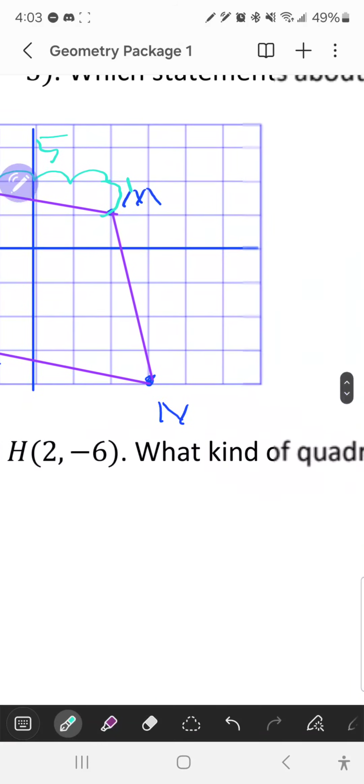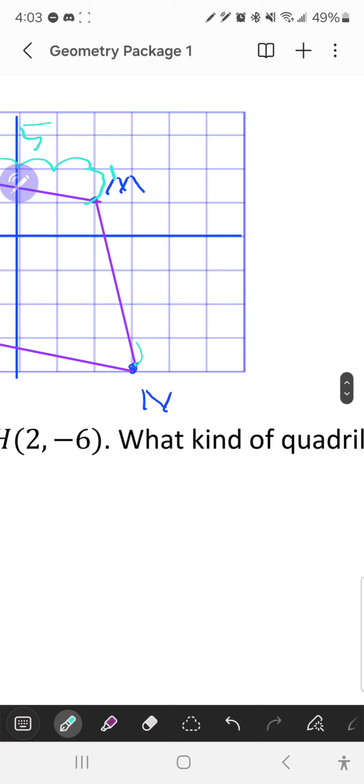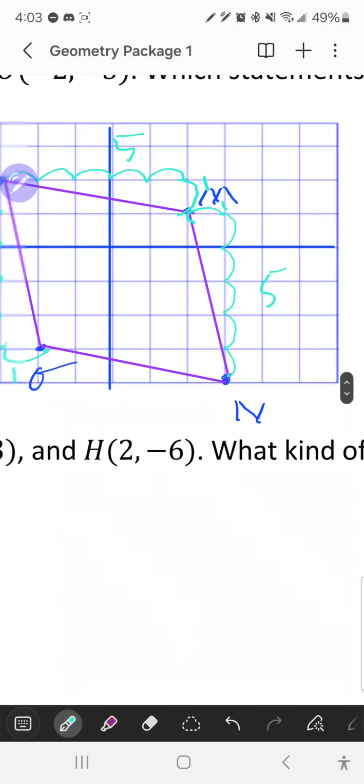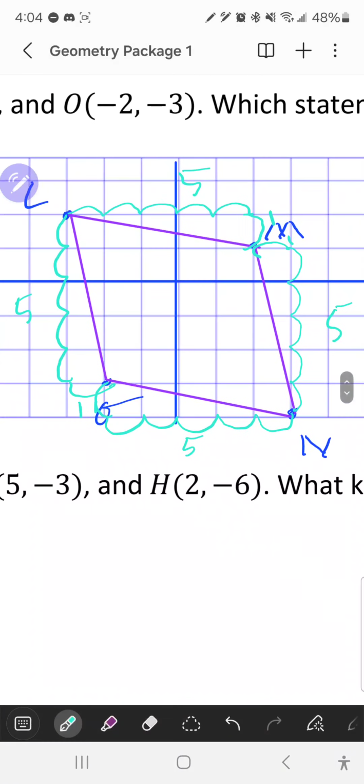Again 5 and 1, and again 5 and 1. So as you can see, all the sides are equal to each other.